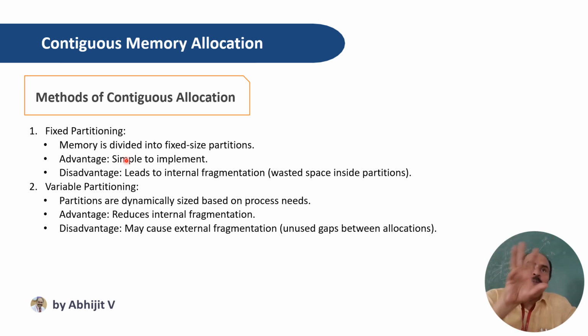So each process is allocated one particular location. The advantage of fixed partition is that it is very easy to implement. It leads to internal fragmentation. That means you have a lot of wasted space inside the memory that is allocated to a particular size.